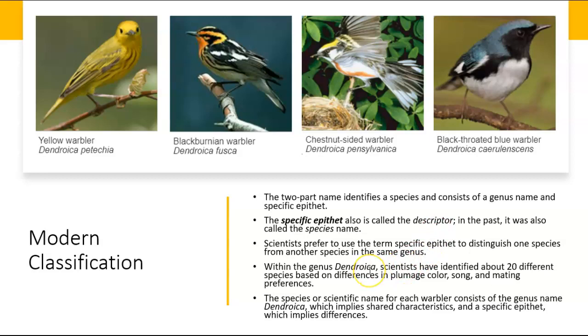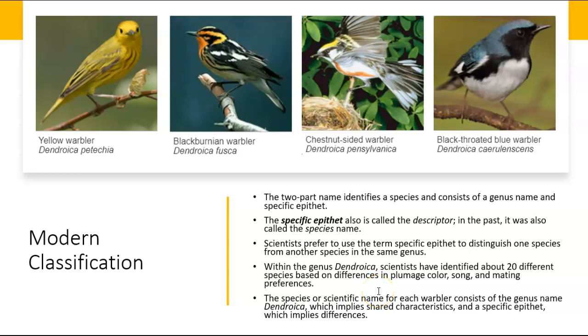We call the genus and the specific epithet together the species name. It's just a way to make that a little more clear. In the pictures here we have some warblers, these birds, and they all belong to the same genus, Dendroica. About 20 different species have been described in this genus, based on differences in plumage color, the songs that they sing, and their mating behaviors.